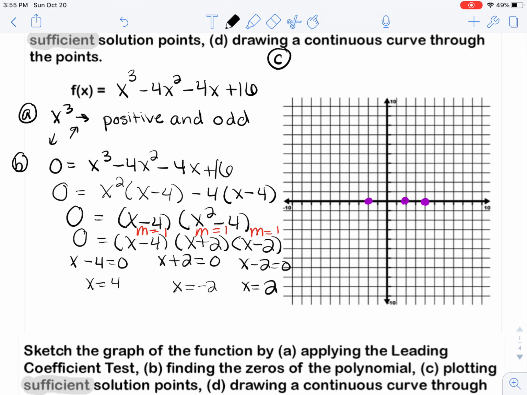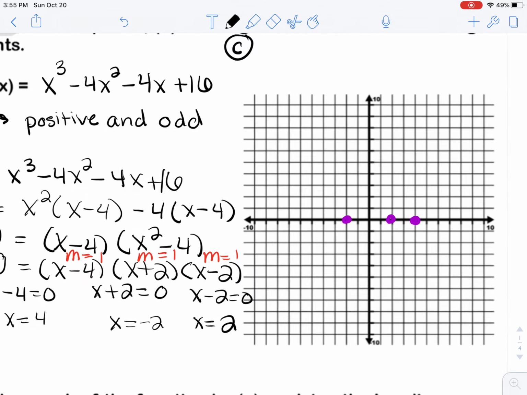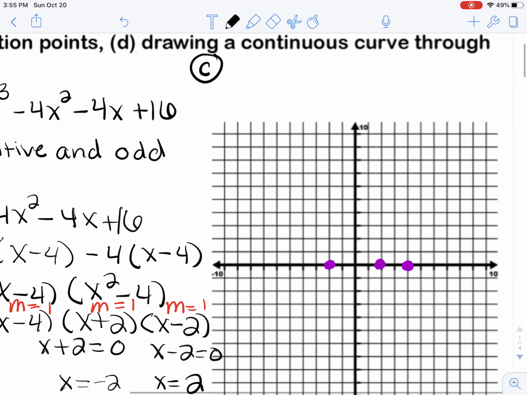So sufficient points are just going to tell us how high those relative maximums and minimums would be in between the zeros. So if I look at my zeros, we would need to plug in at least 2 additional points to figure out how high up in between the zeros we go.